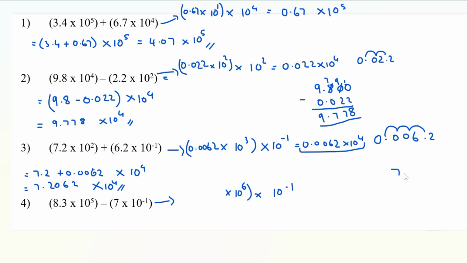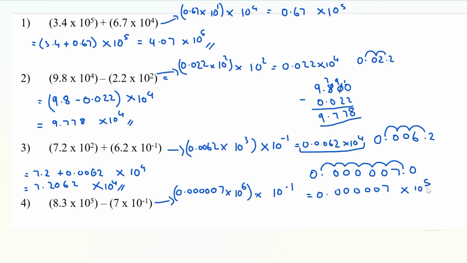So if we have 7, we are moving 6 decimal places to the left. 6. That gives us 0.000007 times 10 to the power of 5.